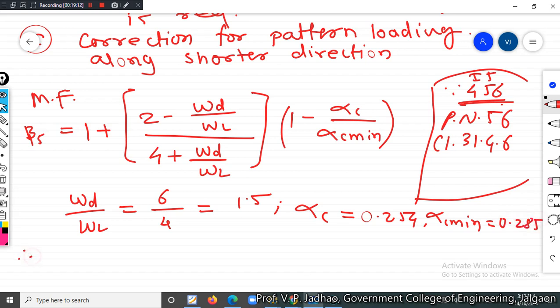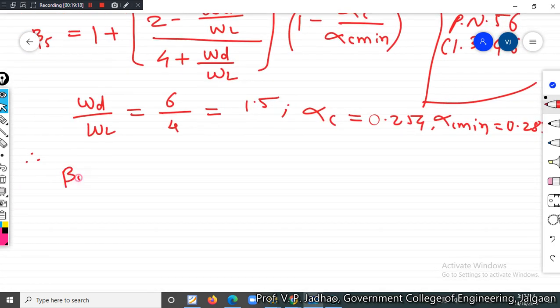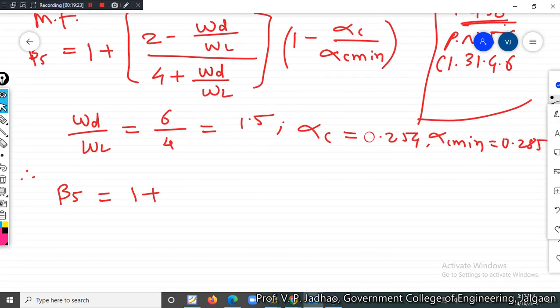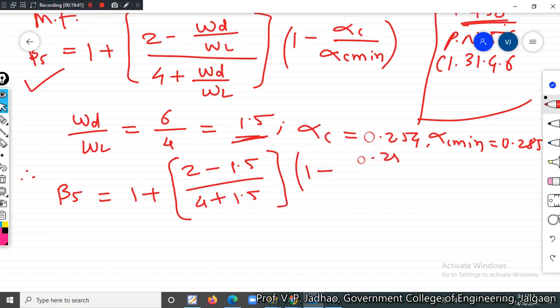Putting these values in the formula, beta s is equal to 1 plus 2 minus 1.5, divided by 4 plus 1.5, multiplied by 1 minus 0.254 divided by 0.285. Just calculate this value.